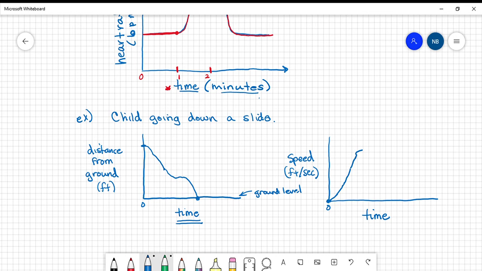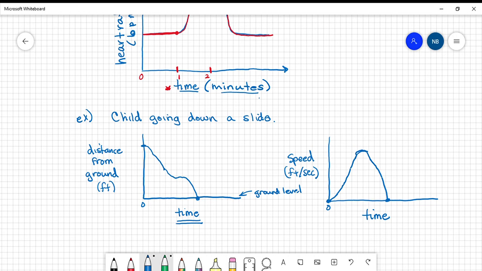And then they might hit that spot where the slide sort of levels off, which will make them slow down. And then they'll continue slowing until they hit the ground at some time in the future. Now you can see that this is the same situation, a child going down a slide, but the two graphs show very different things.